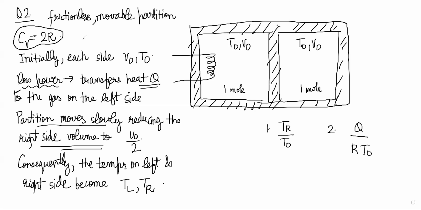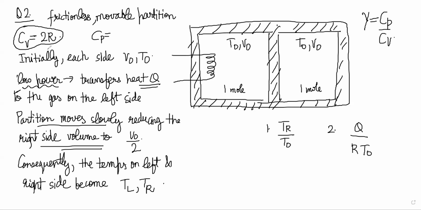Degrees of freedom here, because you need to know lambda for the gas, right? Technically, lambda is calculated easily actually. If they have given you CV, CP will be CV plus R. CV is 2R.